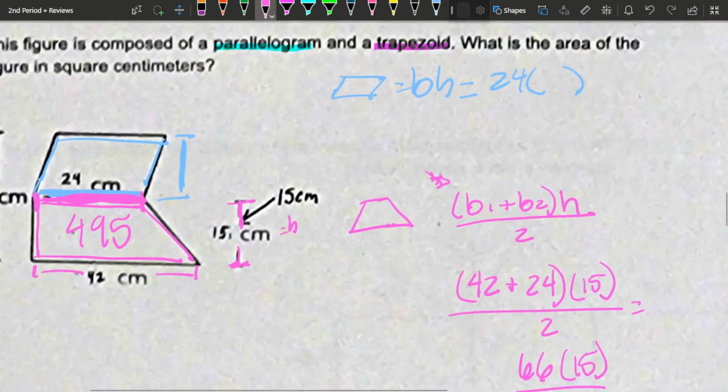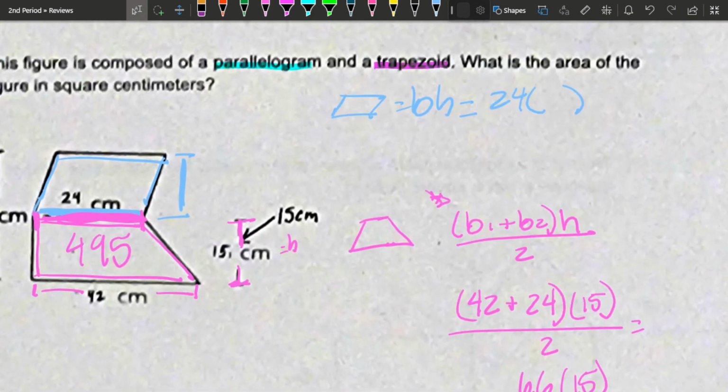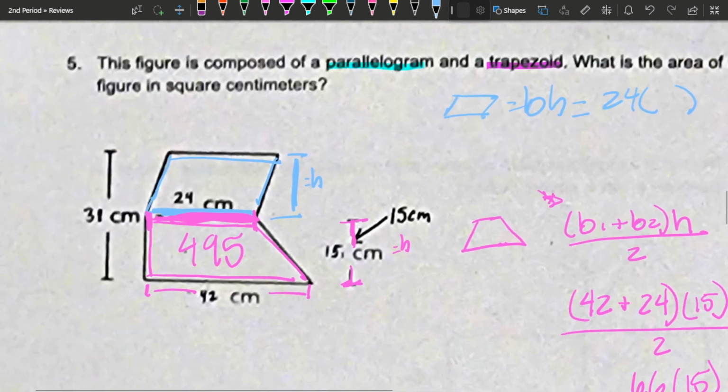Now let's go back to the parallelogram. I know the base is 24, but I gotta find this height right here. Now let's find it. So I know the distance from here all the way down is what? 31. I know the distance from here to the bottom is what? 15.